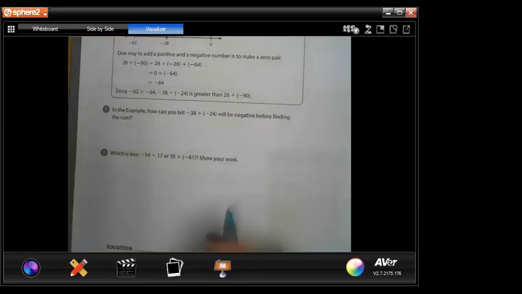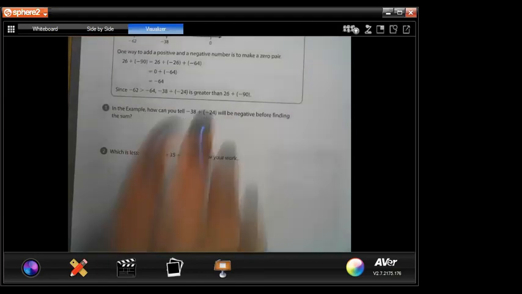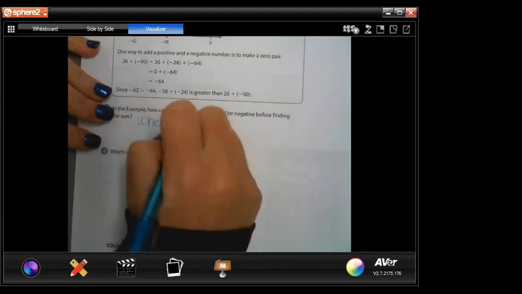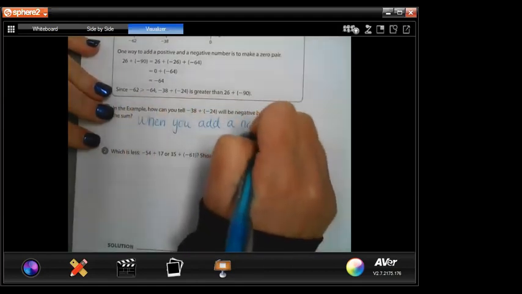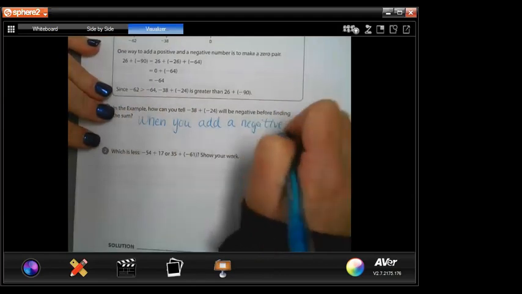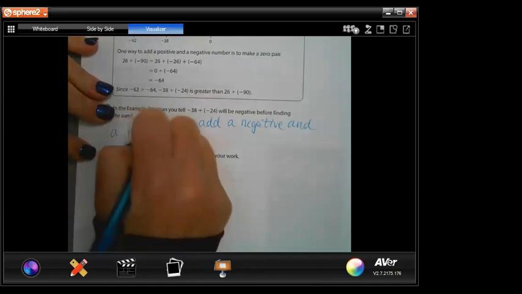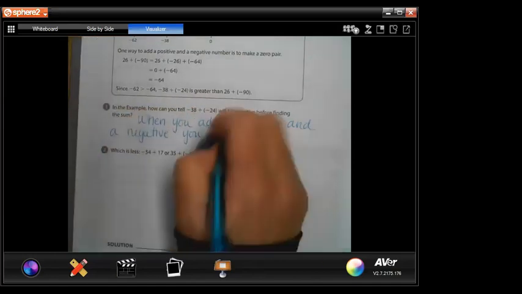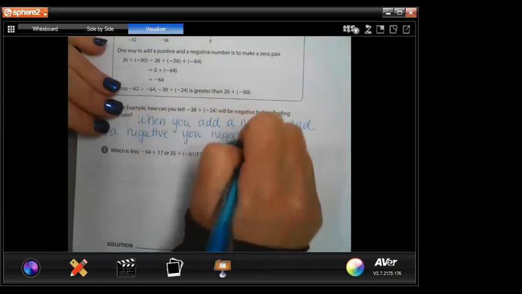Without even looking at any of the answers, we know the sum of these two will be negative because when you add a negative and a negative, you get a negative, okay? Because it goes further and further and further into the darks.